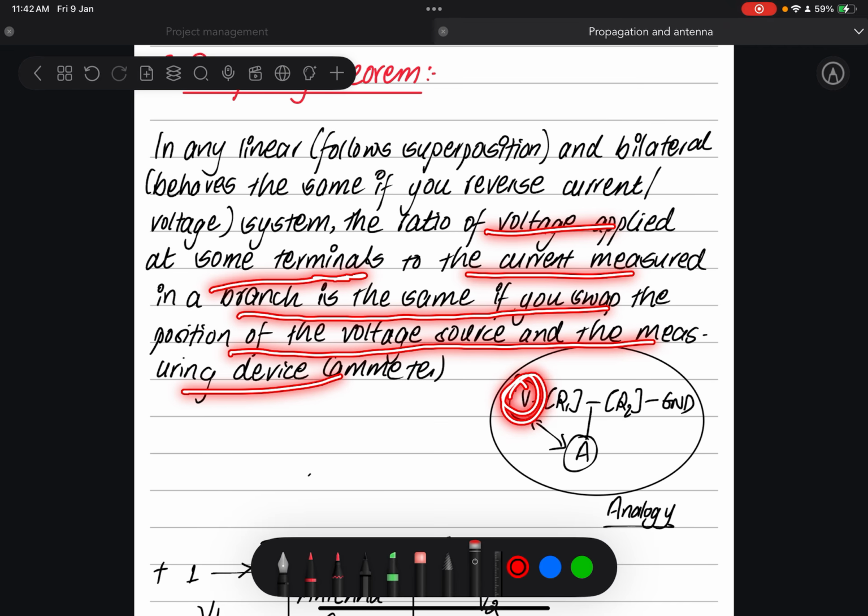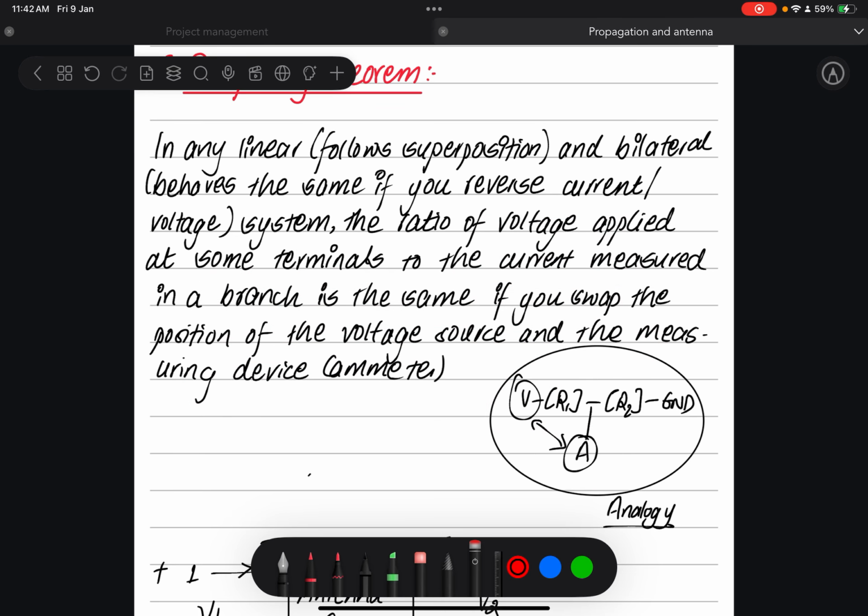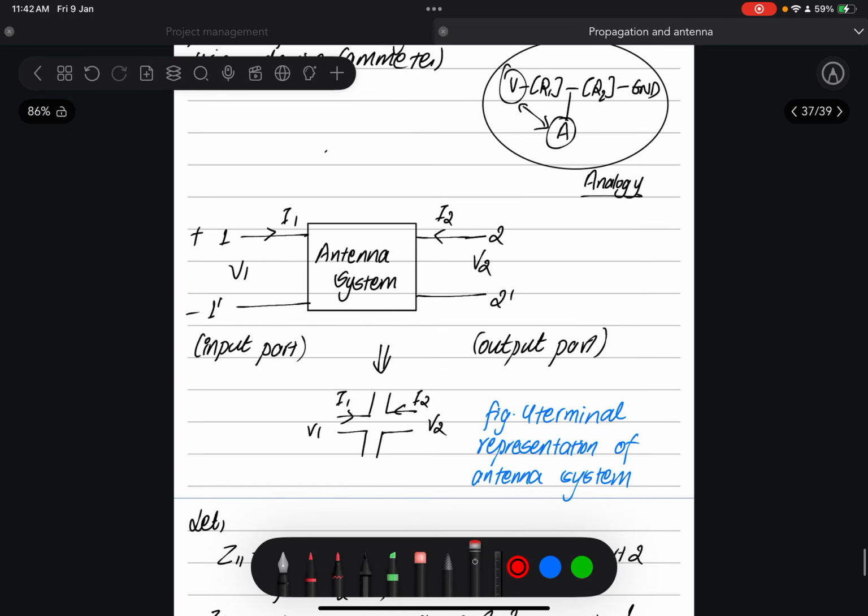If you swap the voltage source and the measuring device, the ammeter, it doesn't have any effect. The voltage to current ratio is actually the same, even if you replace the voltmeter with the ammeter.